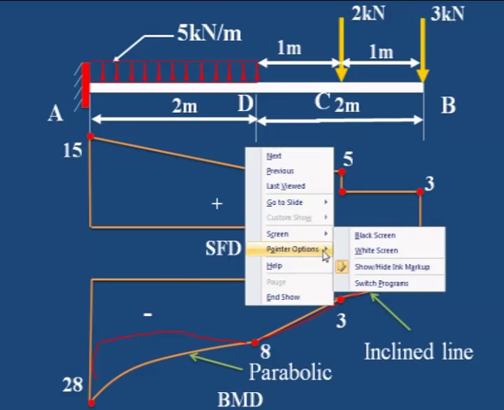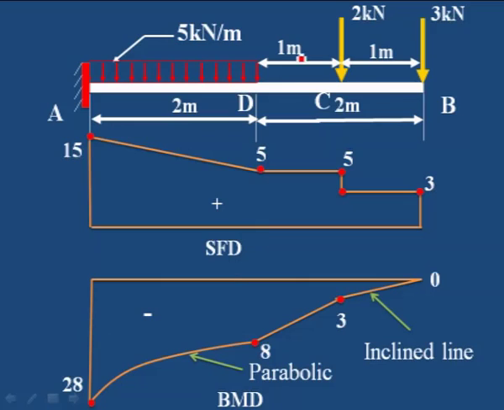Both combinations are there because it is a combination of point load and uniformly distributed load. By observing this step by step procedure, you can draw any type of cantilever beam given with any load combinations. You can draw shear force and bending moment diagrams easily.